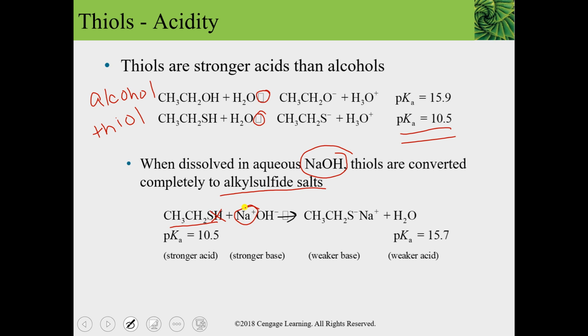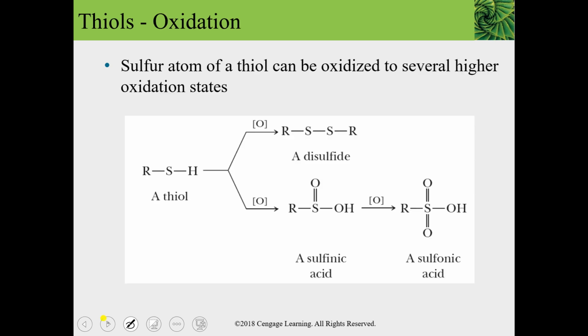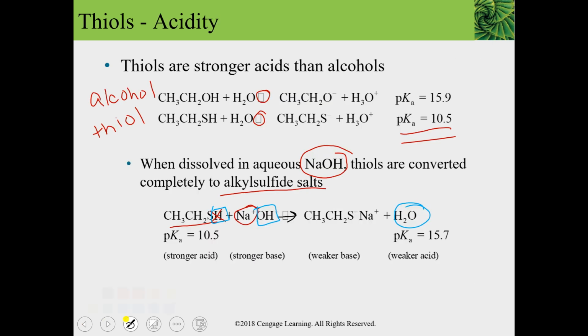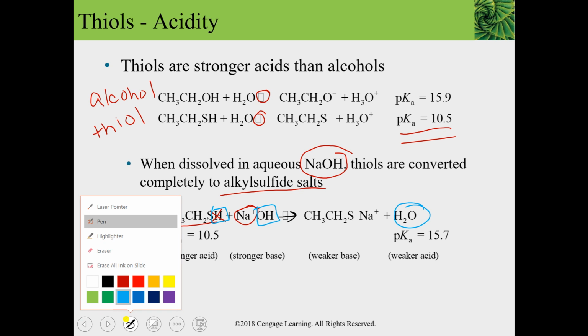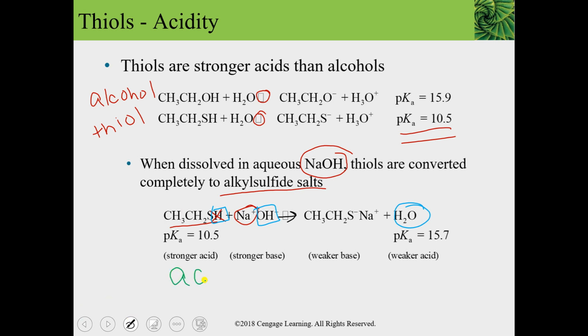What we get from that hydrogen and this hydroxide is water. You can consider a thiol with a strong base a neutralization reaction. By the way, recap, neutralization: acid plus base yields soluble salt plus water.